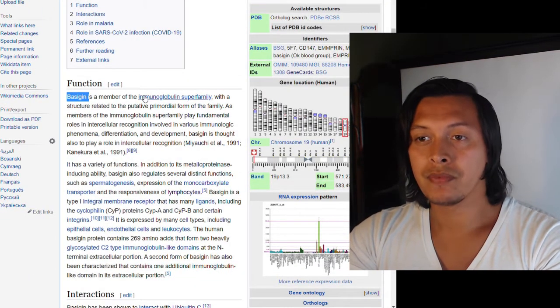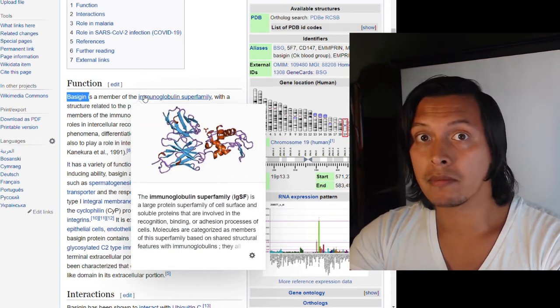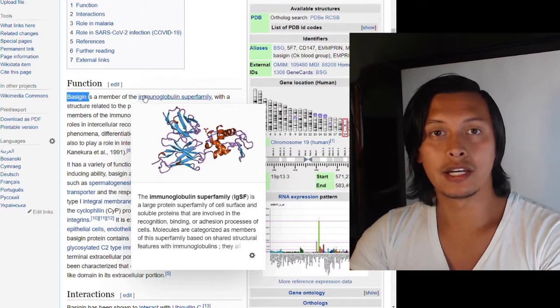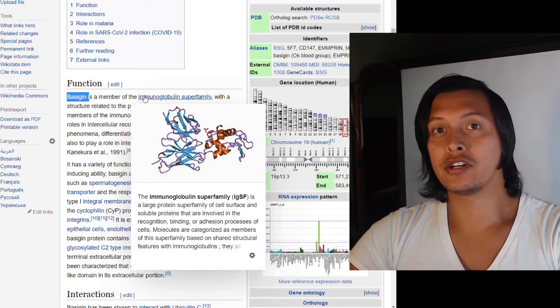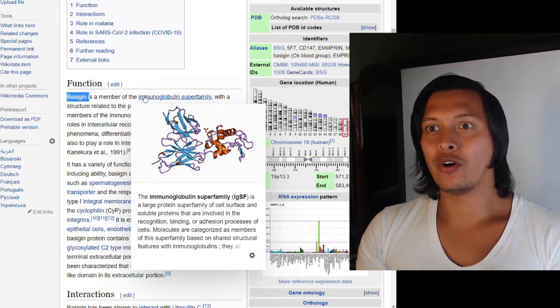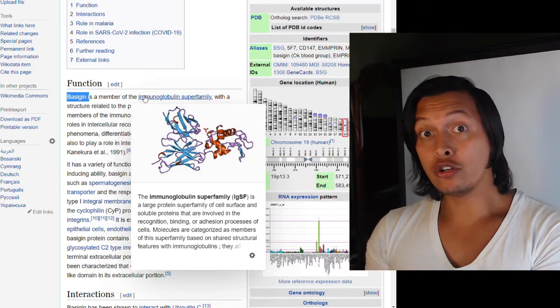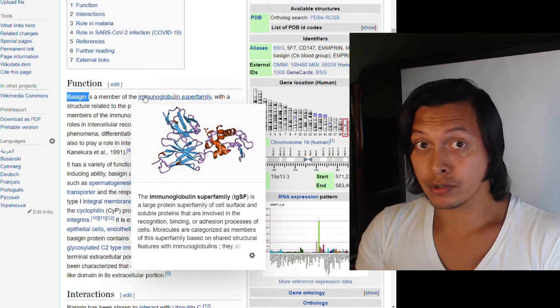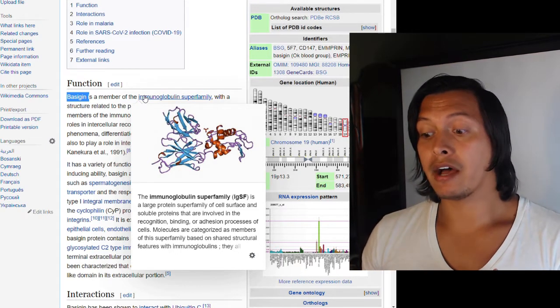So Basigin is a member of the immunoglobulin superfamily. So immunoglobulins, think of antibodies, are part of this family. Nature likes to repeat itself. So very frequently, if you find a new protein, usually there's a different protein that has a very similar structure. So we like to say that they're a part of the same superfamily if they have similar structures.